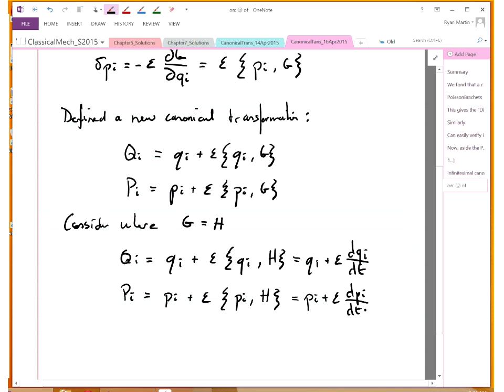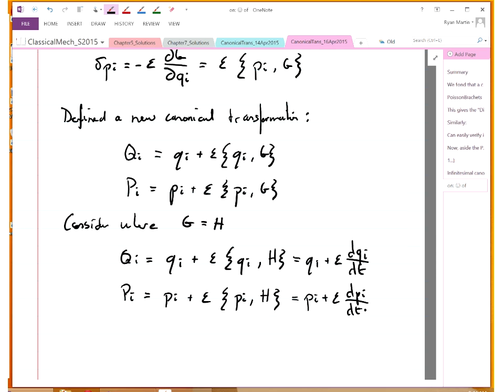And then epsilon times pi with H, so that's pi plus epsilon dpi by dt. We also saw that the Poisson bracket of the coordinate with the Hamiltonian basically gives you the canonical equation: qi dot is the Poisson bracket of qi with H. That's very interesting.